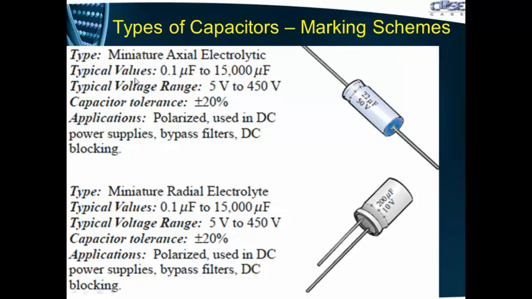First one is the value, and the second one is the typical voltage range, and these capacitors have some tolerance, plus or minus 20%, meaning their value can be off from the nameplate value indicated on the body.